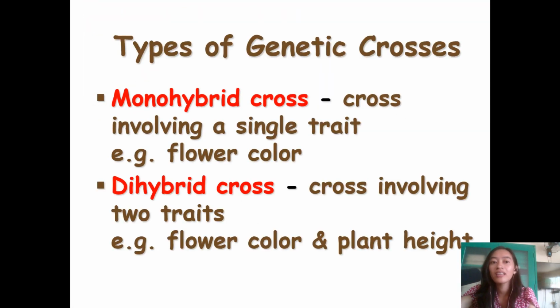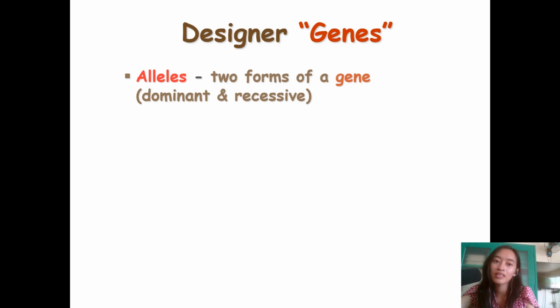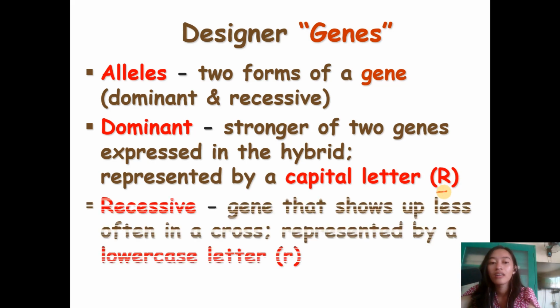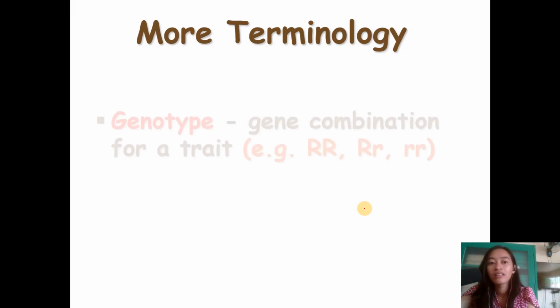All right, and what else? We had some terminology. Whenever we use the dominant allele, it is represented by a capital letter like this, and a recessive allele by a lowercase letter.